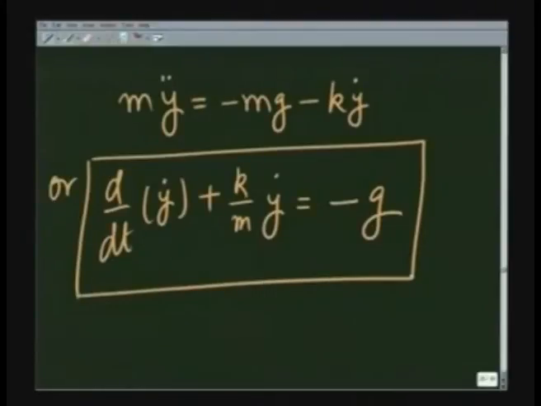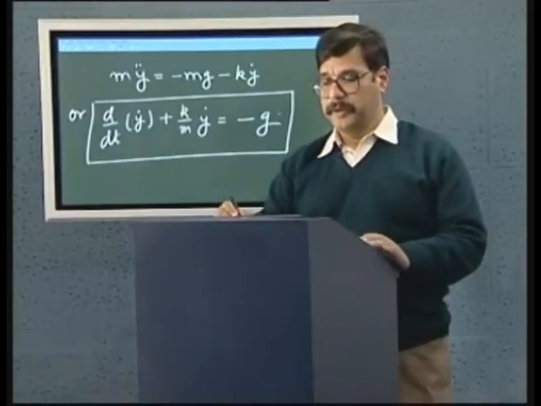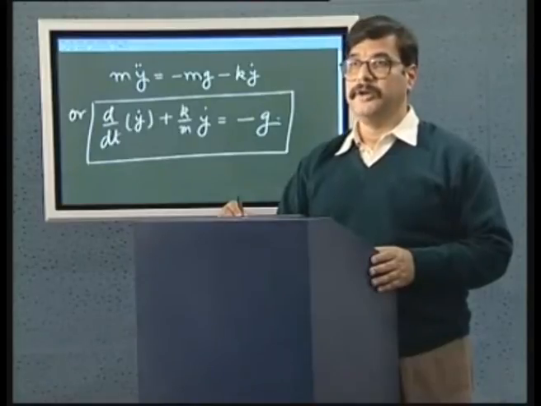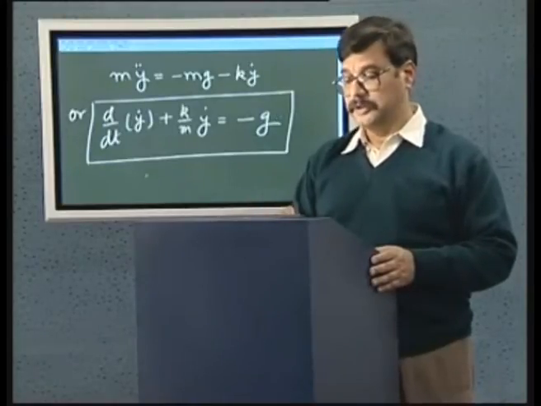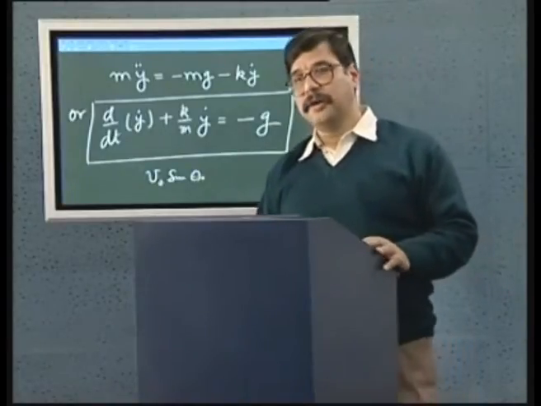In our one-dimensional example, we have already solved this with slightly different parameters. Instead of this minus g, I had an F there. The initial velocity was 0. Here initial velocity is v0 sine theta 0. So let us solve this.